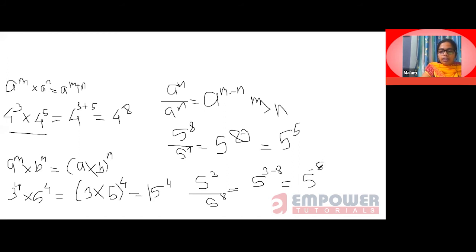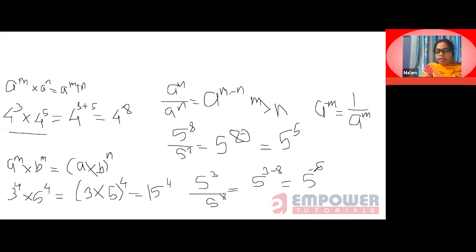But there is another rule. When you have a negative exponent, to convert it into a positive one, you have to take the reciprocal of that number. So a raised to minus m is equal to 1 upon a raised to m.